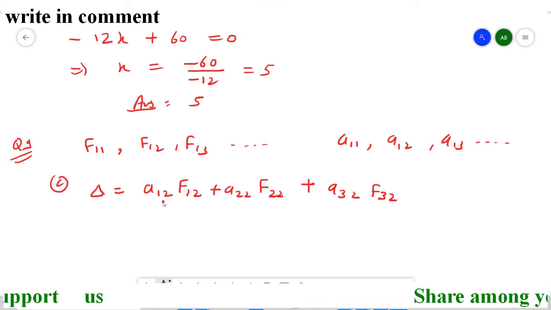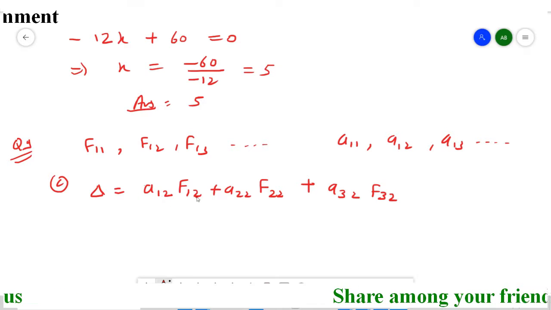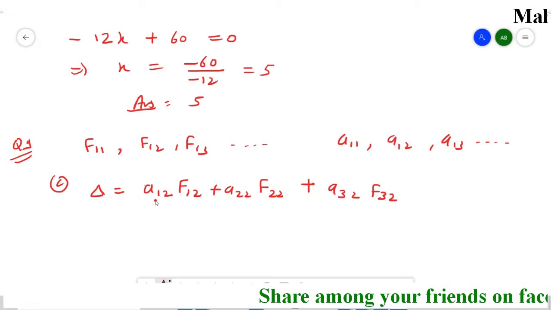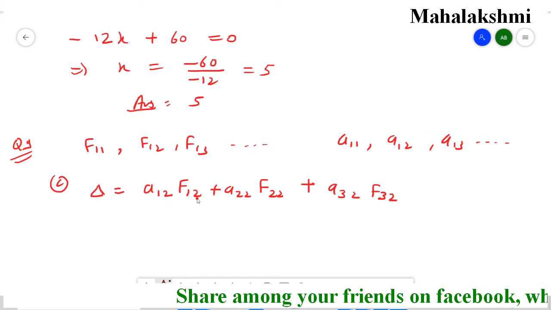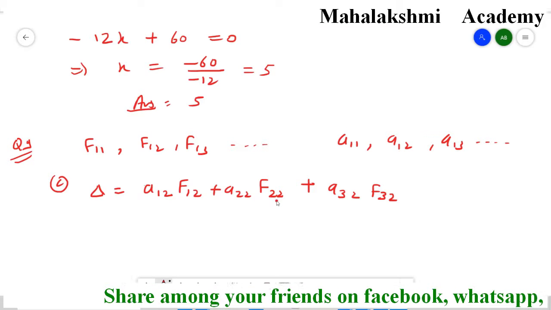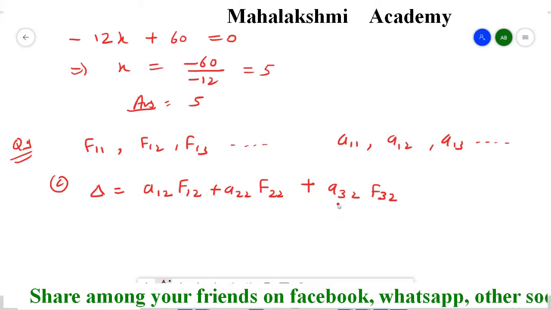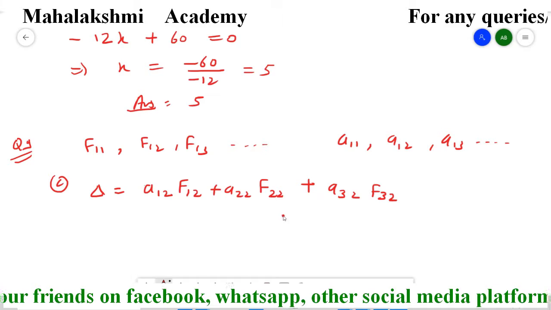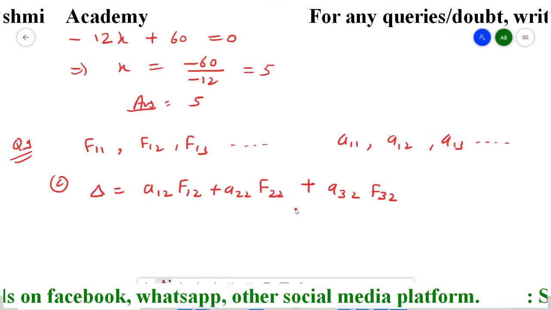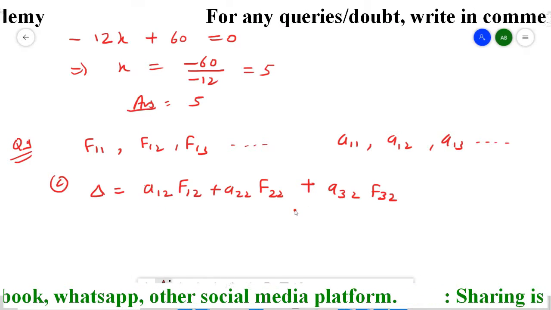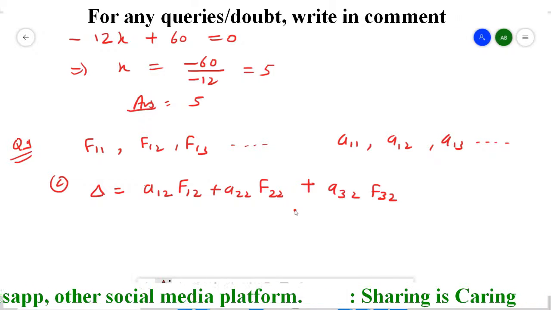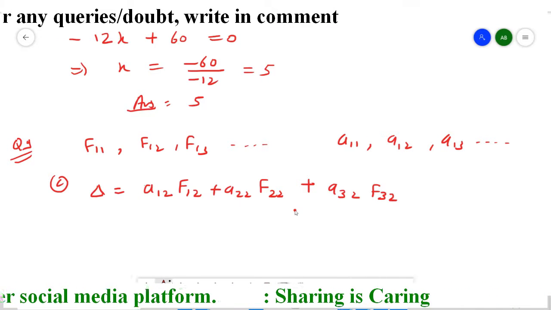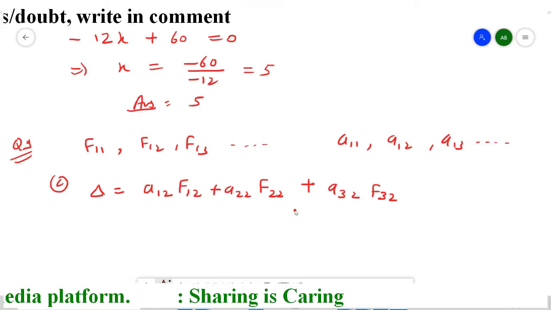Whatever the element is, it is multiplied by its own cofactor. You see the position 1 2, then here also 1 2, here you have 2 2, then the cofactor also 2 2. The element has position 3 2, then the cofactor also has position 3 2. So they should be like this, then only you will get the determinant, otherwise you are not going to get the determinant. So in the 9th question option C is correct.